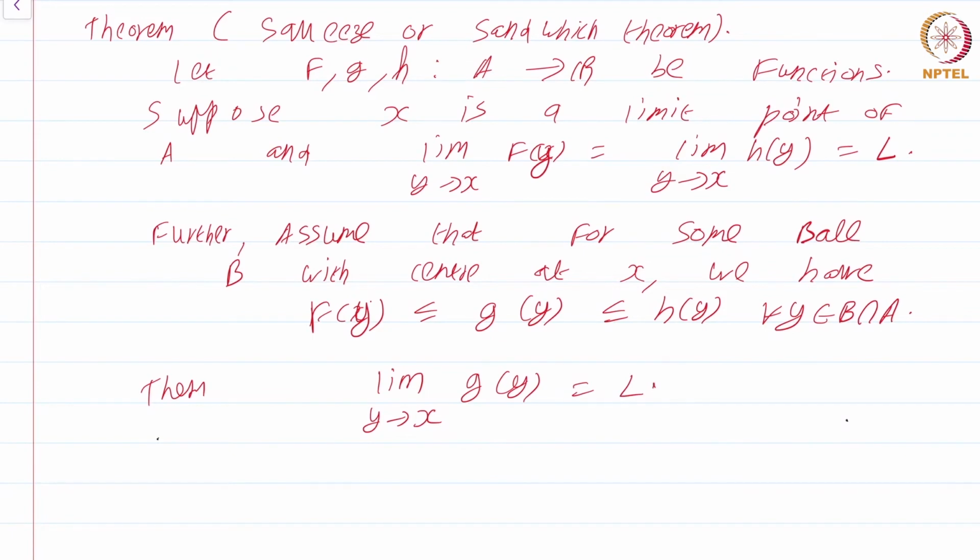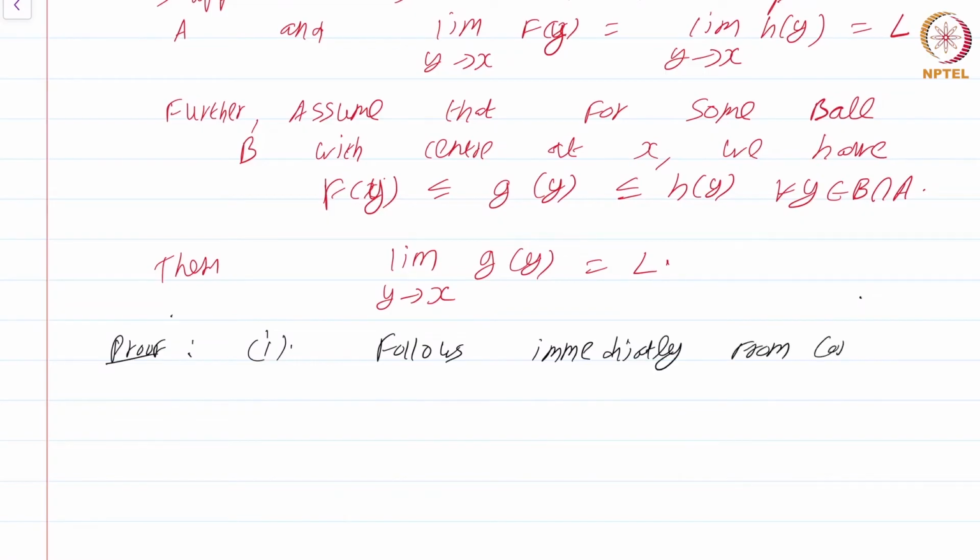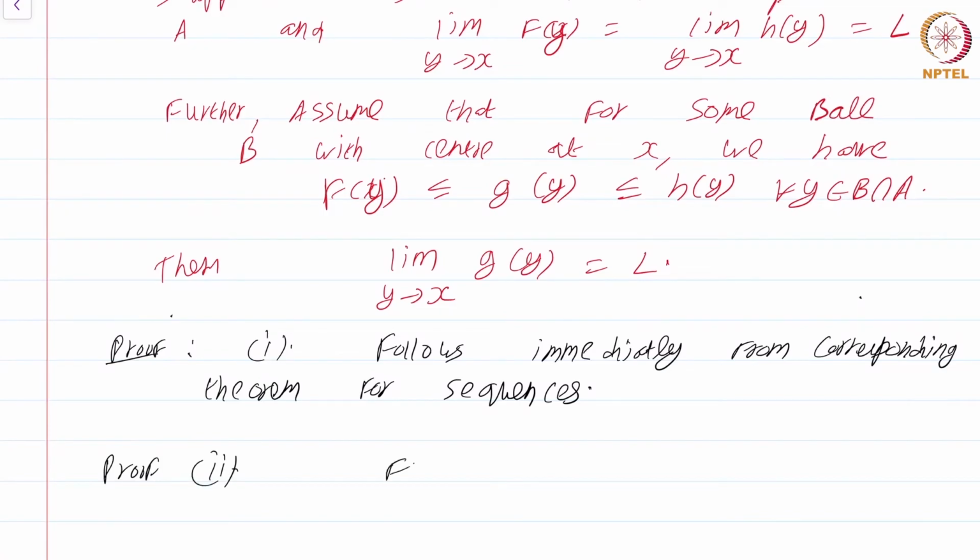Okay, let's prove this. Proof. The first proof follows immediately from the corresponding theorem for sequences. That's the first proof. Let's give another proof directly using epsilon delta. Proof 2. Fix epsilon greater than 0.